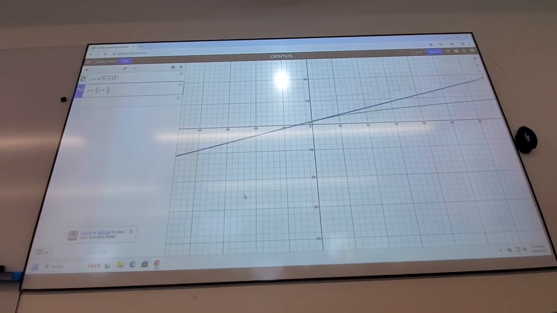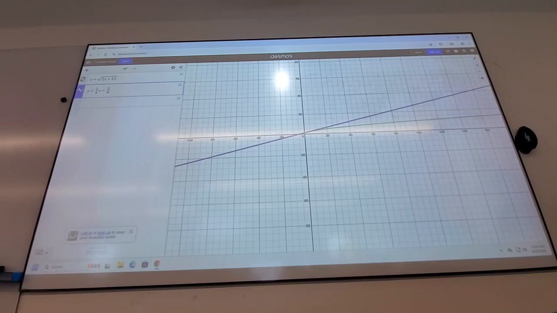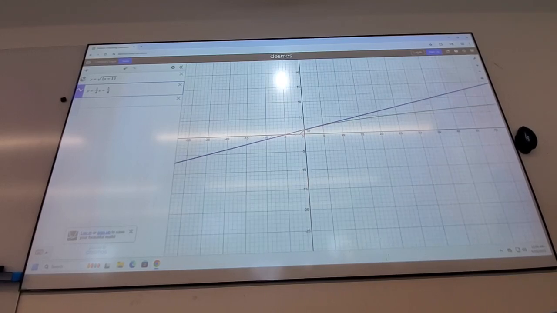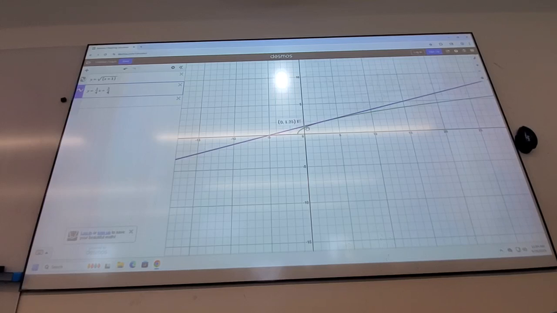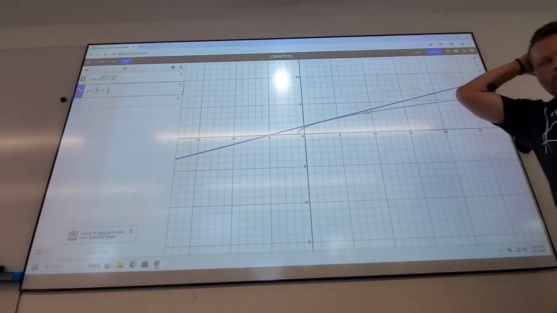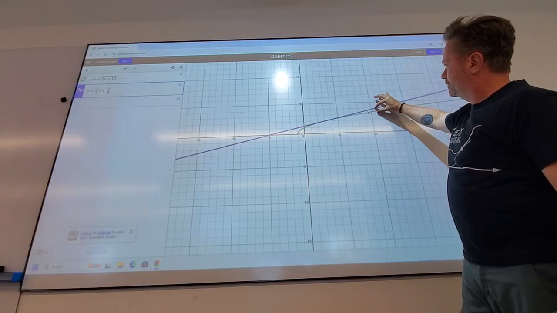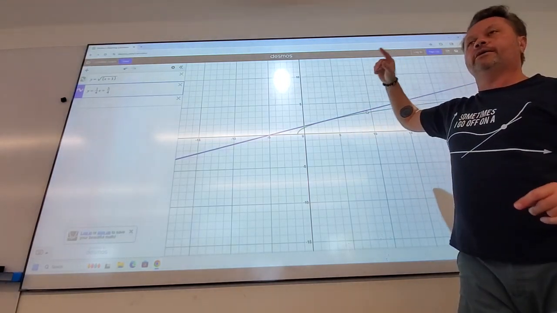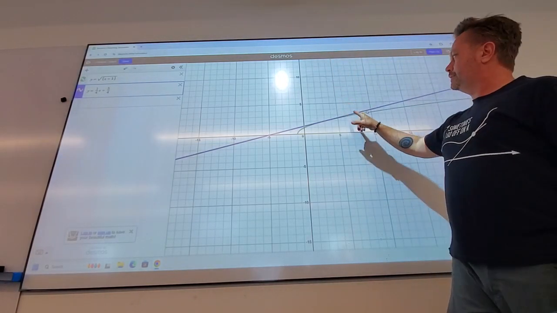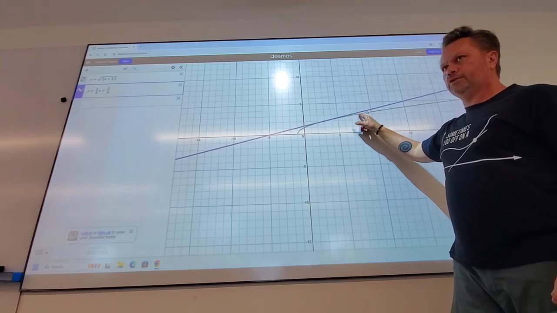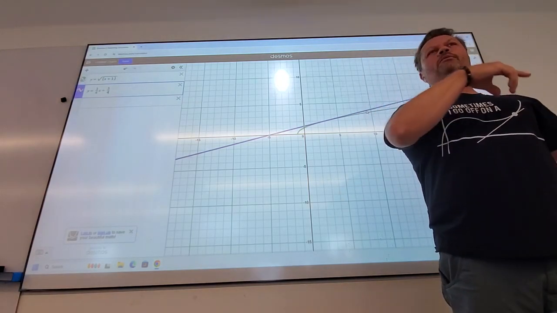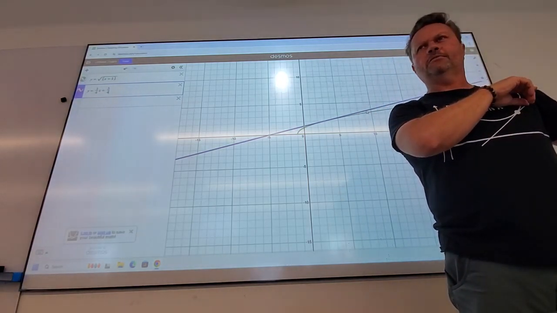So you can see, this is our original function, and our approximation hugs it for a good distance here, yes? Now, can you see how the two start to diverge? So what I want then is the difference between these two functions to be less than 0.01.